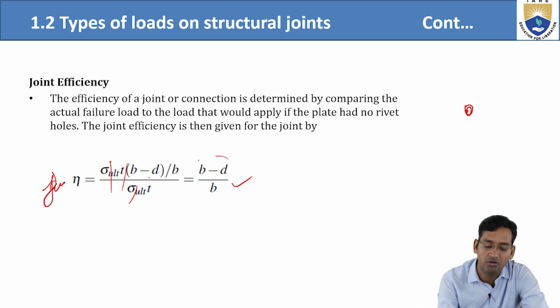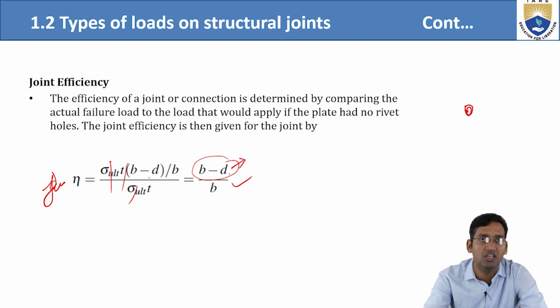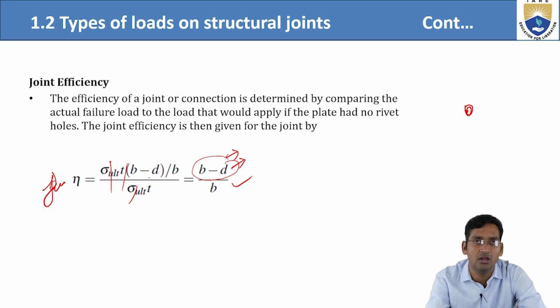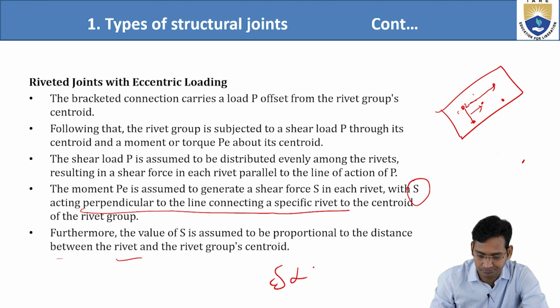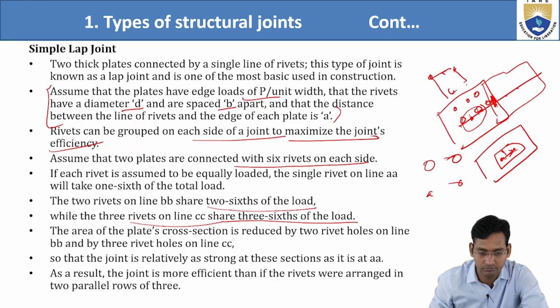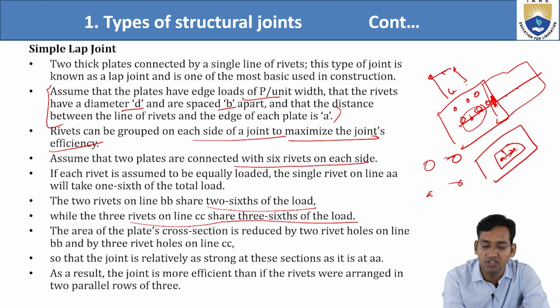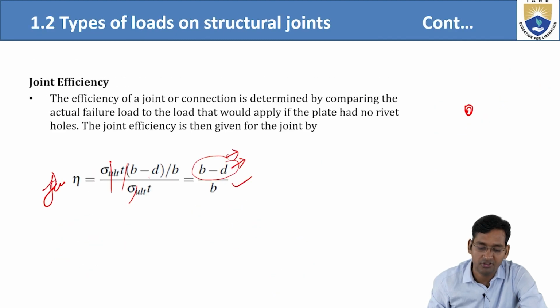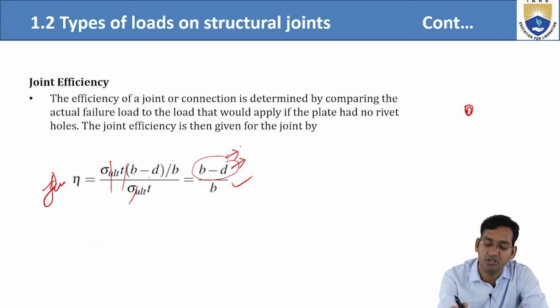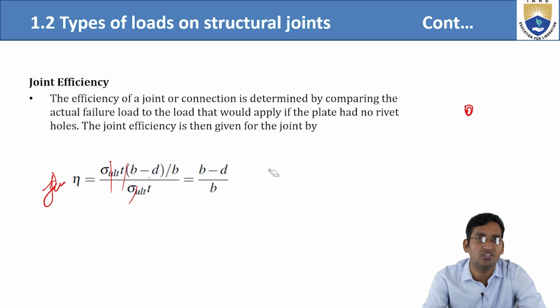So just here, as much as this D will be more, this value will be less, and that much the efficiency will be lesser. So what was D? Just see once again. D is the diameter. If the diameter is big, then efficiency will be less. The bigger the diameter, the lesser the efficiency.